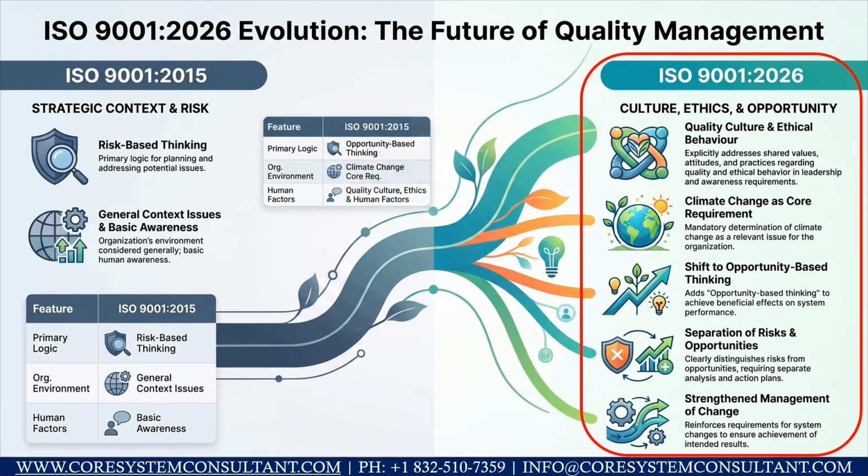That will be my focus for today's presentation: the climate change incorporation, the cultural and ethical behavior changes, the opportunity-based thinking, and the change management that has been elaborated. And a few structural changes in the standard. I'm going to discuss these topics one by one.